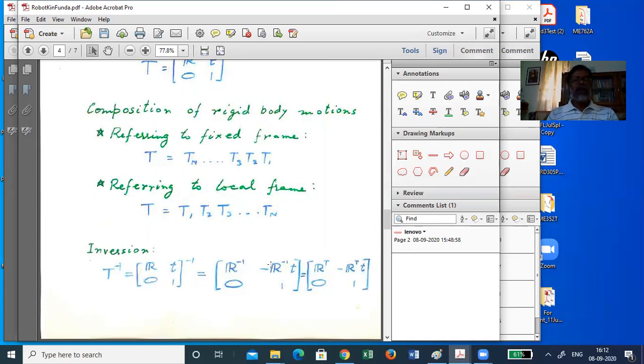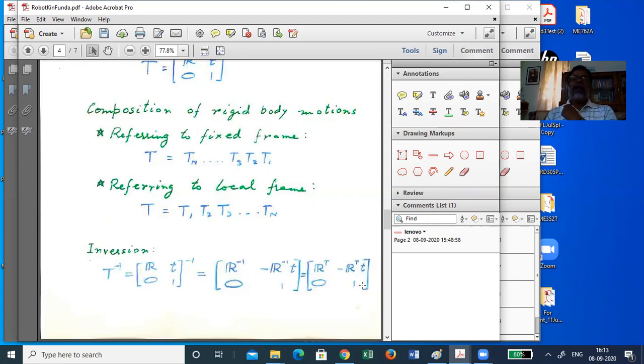It is obvious, the same as transpose, and you will see through either block operations, elementary transformations in block operations, or simply by multiplying this matrix and this matrix and getting identity, that in this location in the inverse you will have minus R inverse T. And the last row will be the standard dummy 0 0 0 1, which is this.